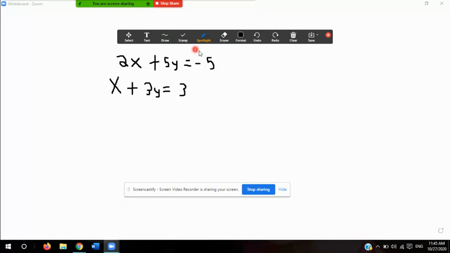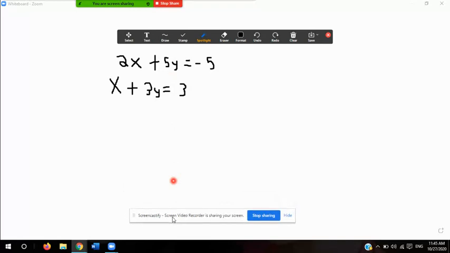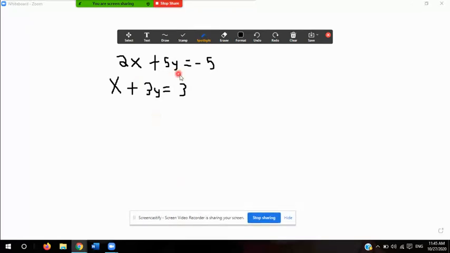I prefer to look at both equations, and if one of the variables has a constant of 1 in front of it, I'll probably solve for that one because it makes it easier. If I look at 2x plus 5y equals negative 5, both the 2x and the 5y have constants greater than 1. It's not that I can't solve them, it's just that it'll probably be longer.